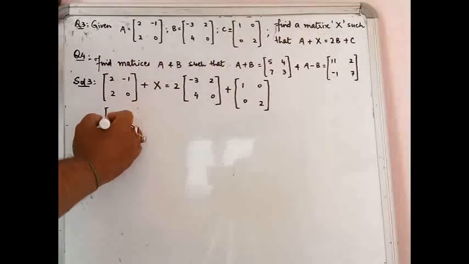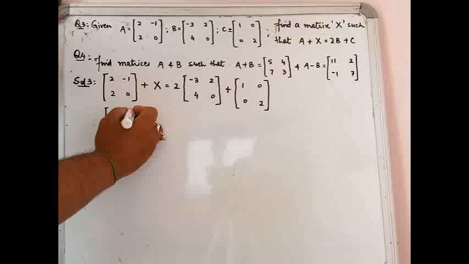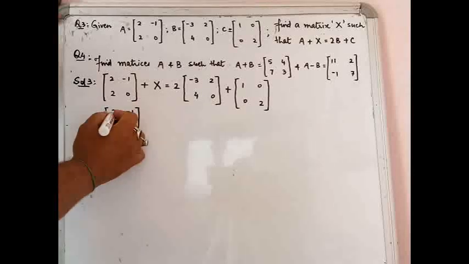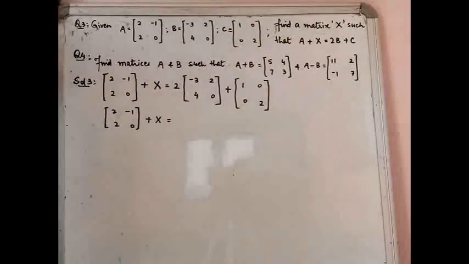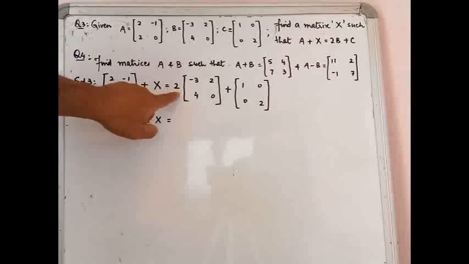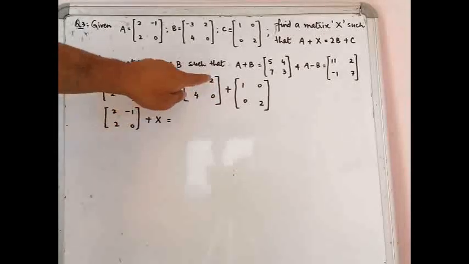Now the next step: 2, minus 1, 2, 0 is matrix A, plus X is equal to, the first step, as you can see, this 2 is a scalar, so it will go inside and multiply the individual elements.